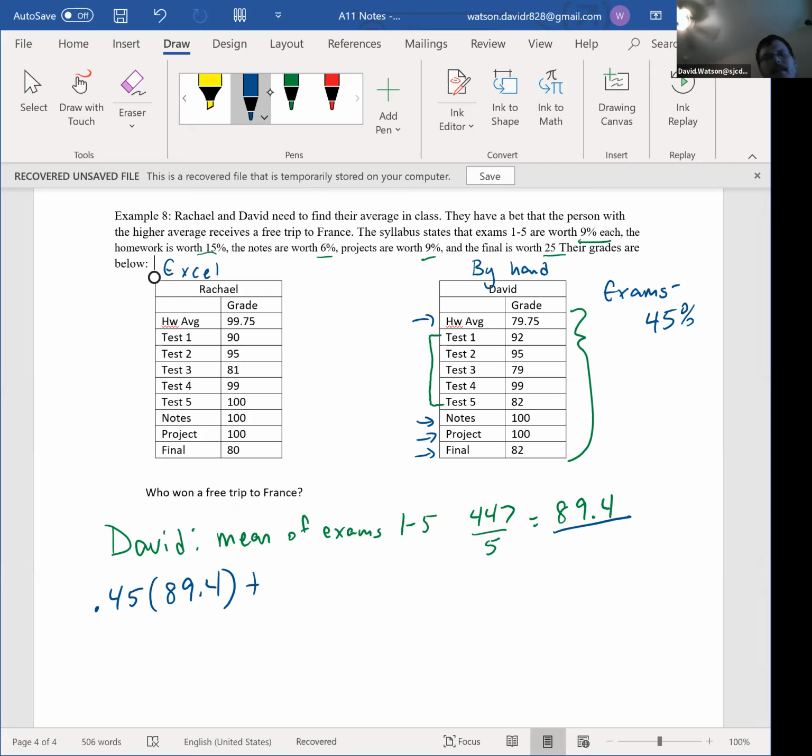Plus, next up, homework was worth 15%. 15% as a decimal is 0.15. And we multiply that by our homework average, which was 79.75.